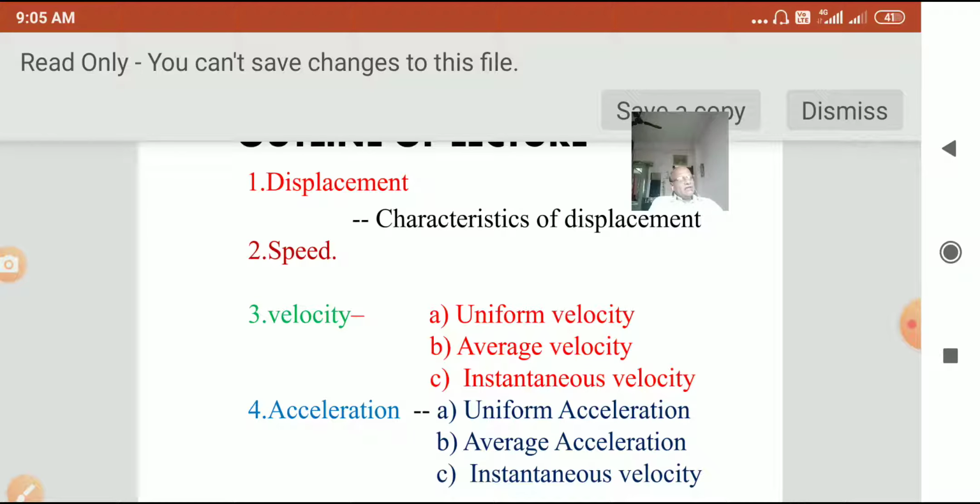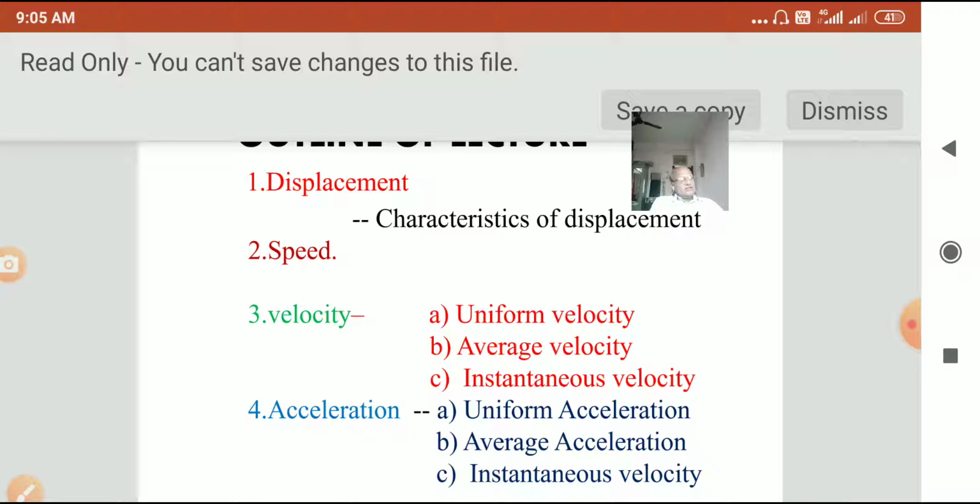Hence average acceleration is equal to change in velocity divided by time taken, means v2 minus v1 divided by t2 minus t1, or a average will be delta v divided by delta t. SI unit is meter per second squared and CGS unit is centimeter per second squared.